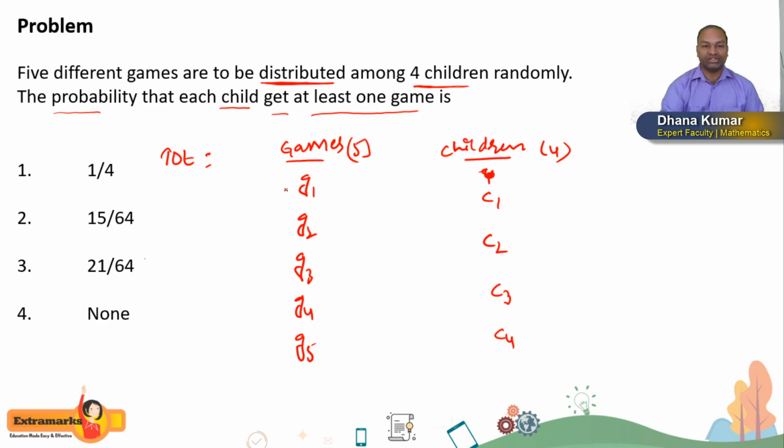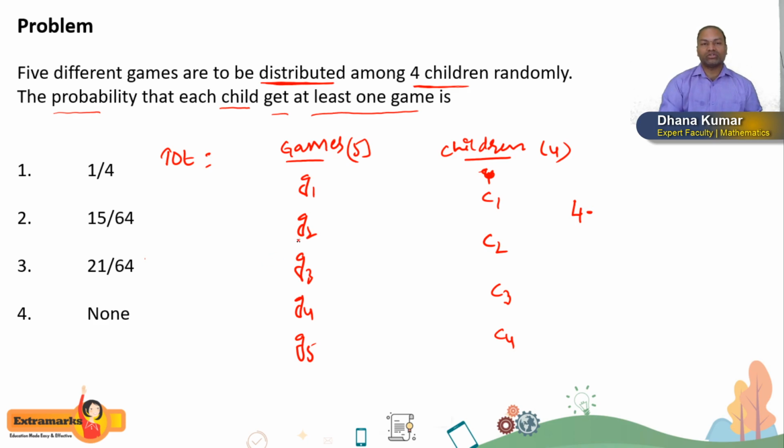Suppose you are taking G1. G1 can be given to any one of these 4. Correct or not? If you want, you can give G1 to C1 or C2 or C3 or C4. So for the first game, how many possibilities are there? 4 possibilities.